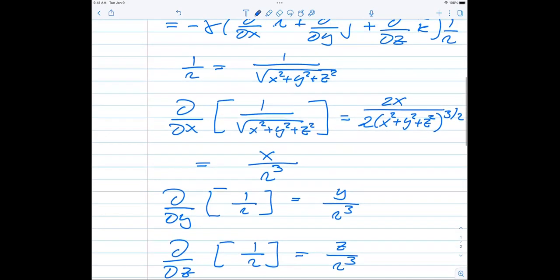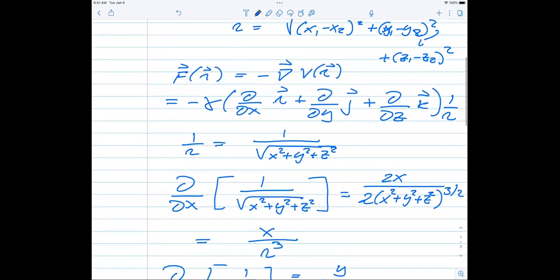If I bring everything together here, you see now that I have a vector. The potential is a scalar, just a number. Now I have a vector since I'm taking the gradient. So I need to plug in these quantities.